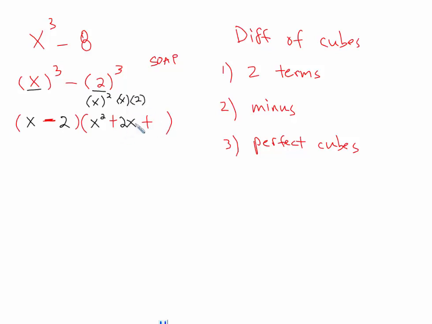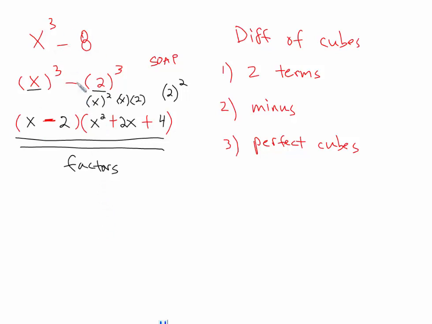To get the last term here, you take this, whatever value this is, and you square it. So you get 4. Okay? And this is your answer right here. So these are the factors of x to the third minus 8. Right? Meaning if you FOIL this right here, I guarantee you will get x to the third minus 8. Alright? So you've just factored a difference of cubes.